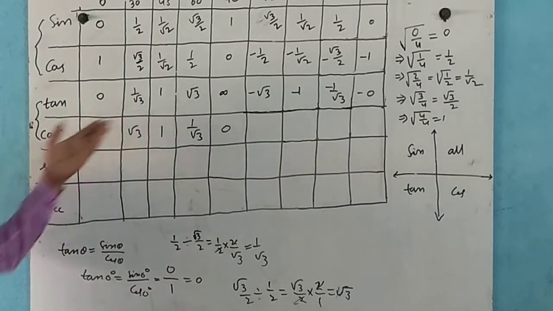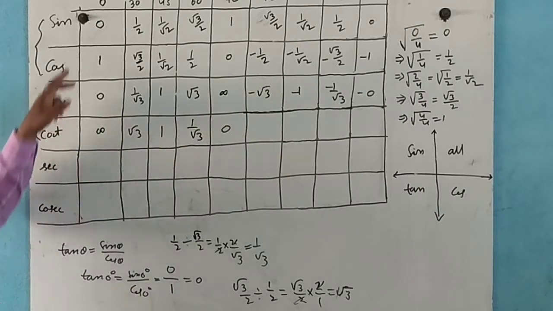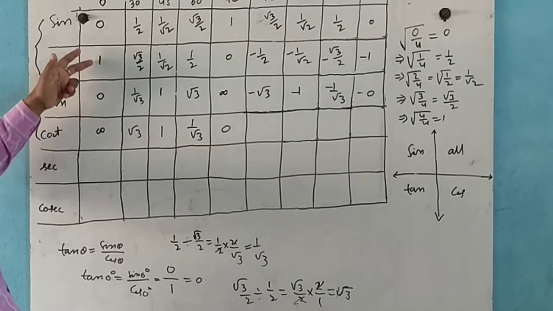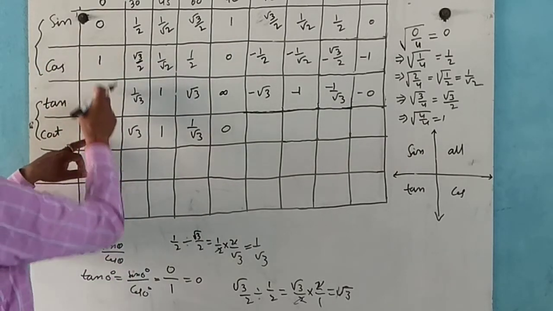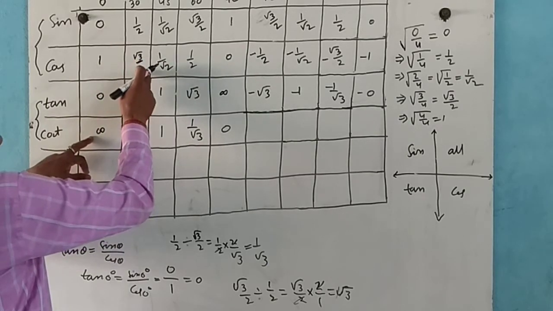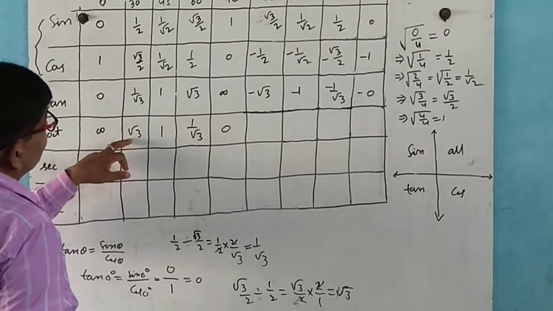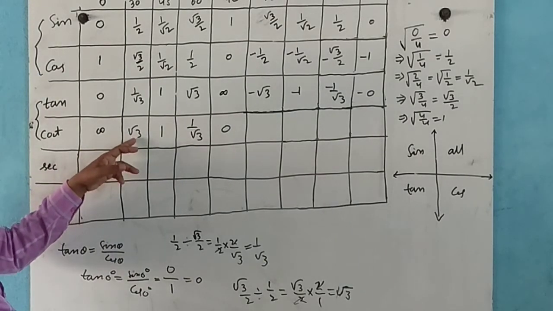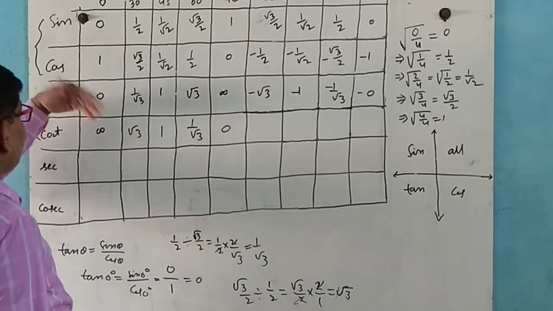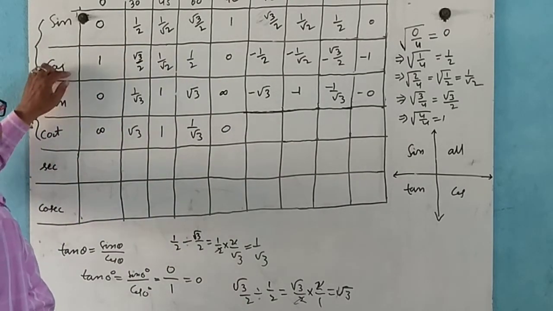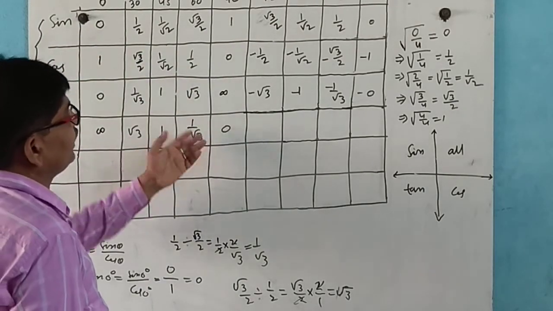With the help of diagonal properties, cot theta is equal to cos by sin, and 1 by 0 infinity, and root 3 by 2 divided by 1 by root 2, that is equal to root 2. So we can get the value of this with the help of the diagonal property, or with the help of cot theta equals cos theta by sin theta, dividing to get the value of this.